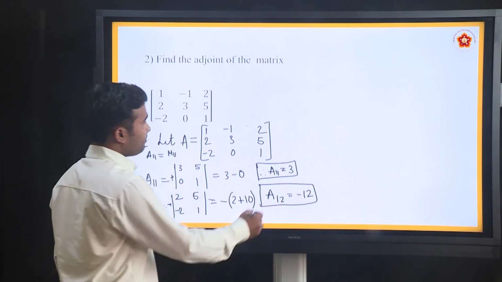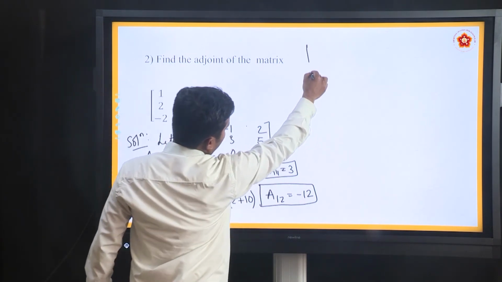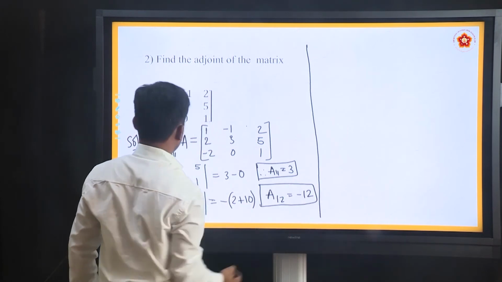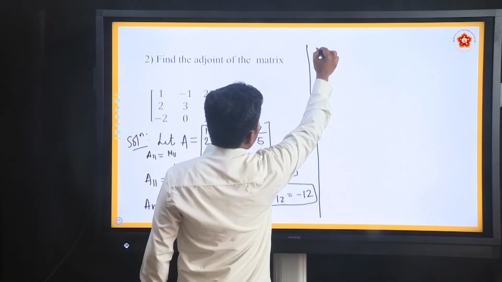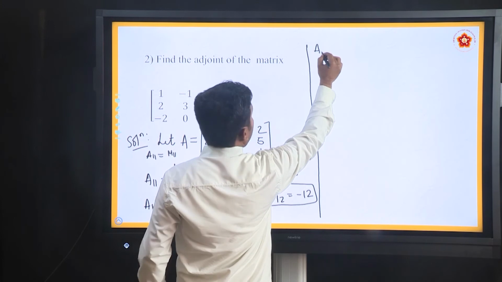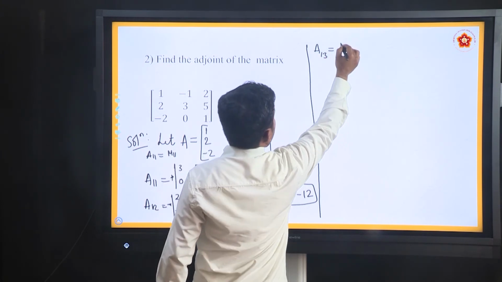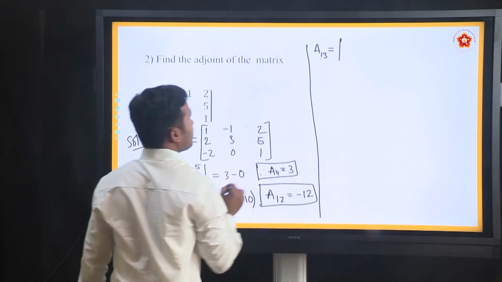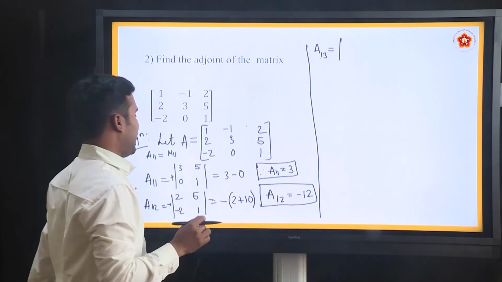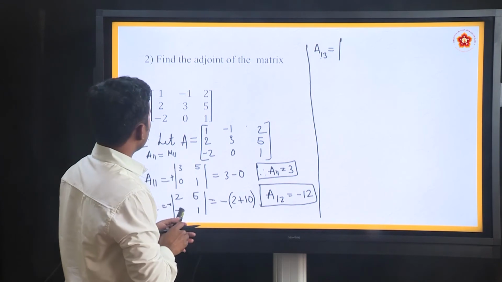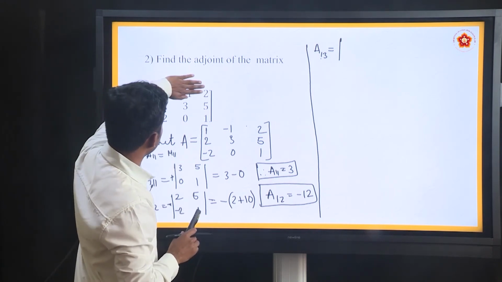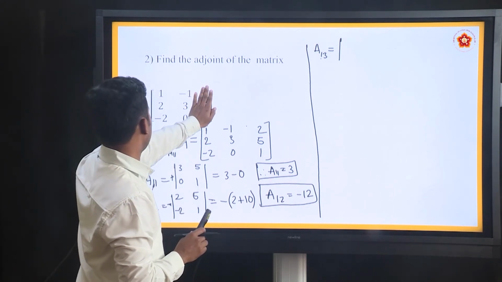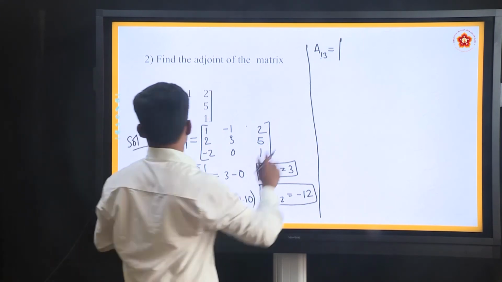Okay, next. Similarly, you can find A13. 1 plus 3, 4, you take plus determinant, since A13 is equal to M13 minor. So now, you just delete the first row, third column: 2, 3, minus 2, 0.